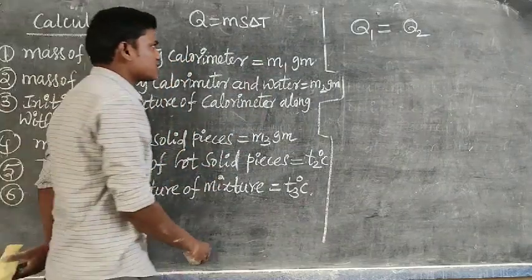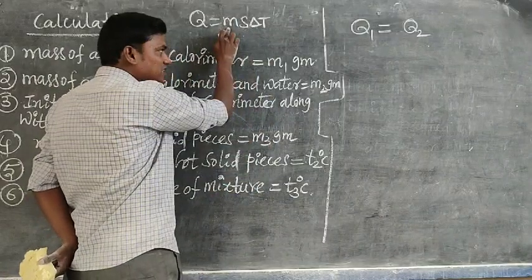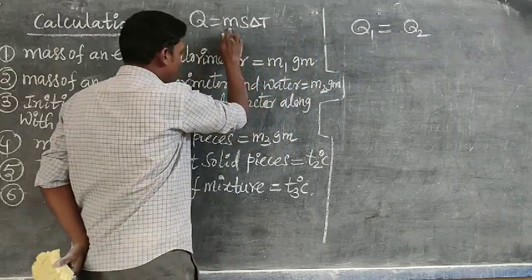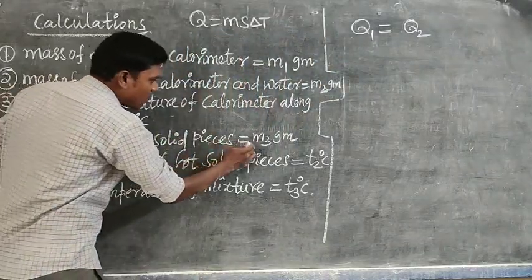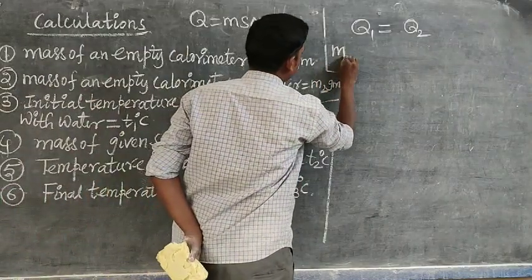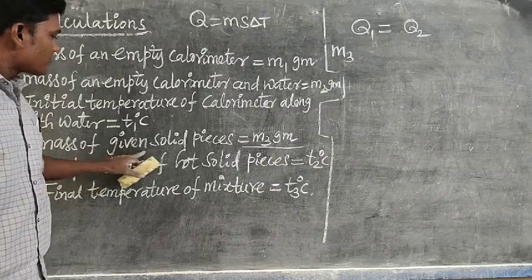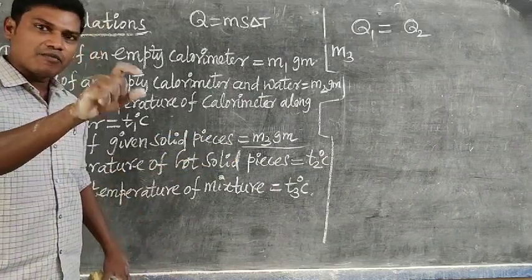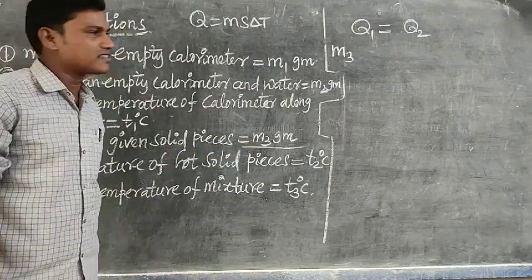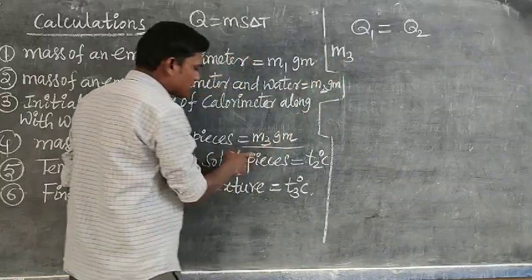Remember that. Now, m is what? Mass belonging to which one? Solid. That's why mass of solid pieces. What is the mass of solid pieces? M3. Then you can write here M3. In certain textbooks, the mass of the given solid is considered as m also. That is our wish only, not only M3, any one you can consider here. So in the place of m, you can write mass of the solid pieces.